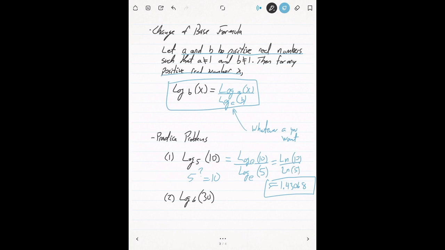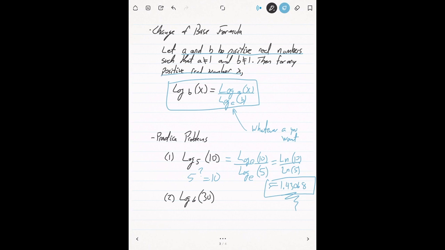If you're working with a scientific or graphing calculator, you have this programmed in. So hit the ln button, ln of 10, and then divide that by ln of 5. You can probably hear me typing on my calculator, and when I do that, I get the exact same answer, the same value. So it doesn't matter what you pick for your base.